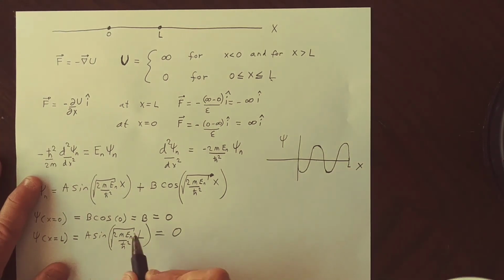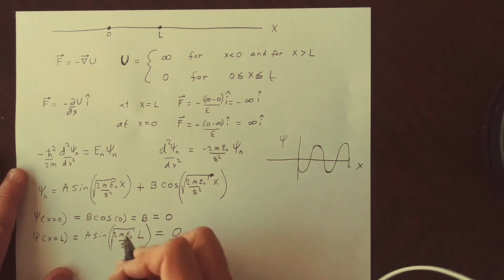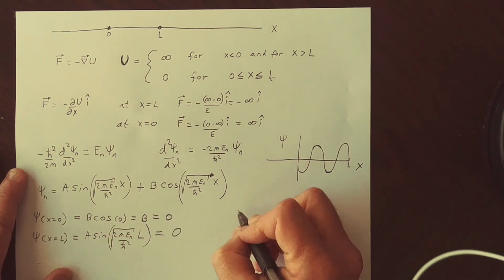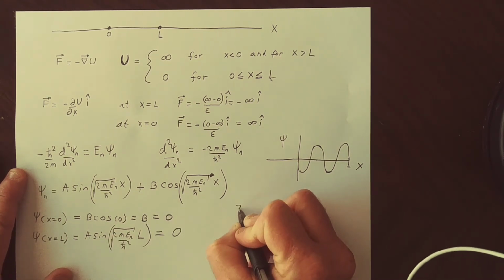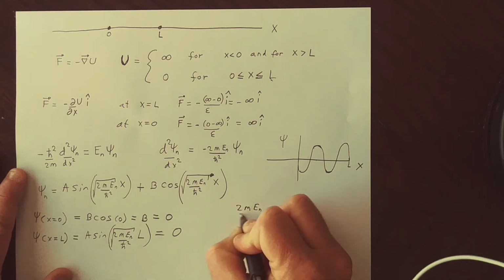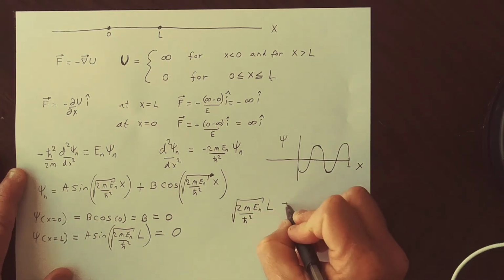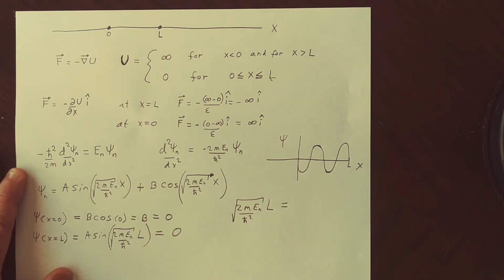And so this quantity in here, the energy, could have different values, right? But this whole quantity has to make the sine 0, and so that imposes that this quantity times L can be a multiple of pi.